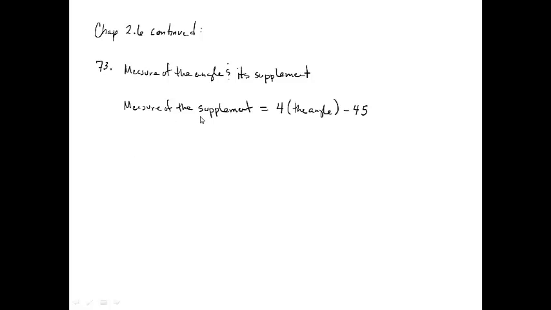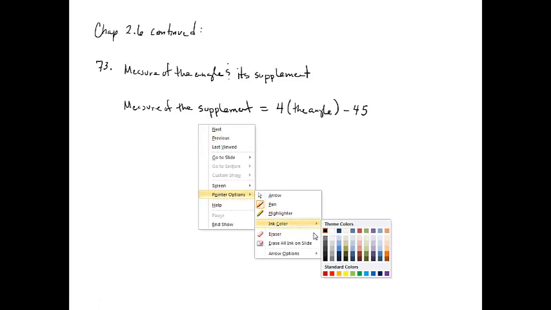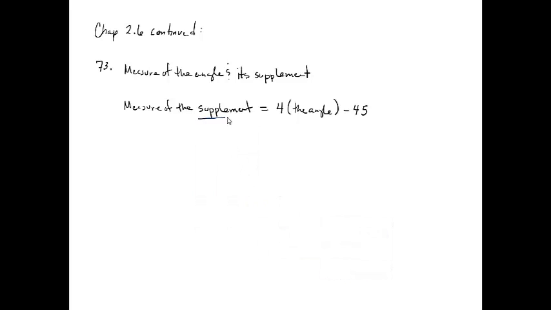Well, first of all, what does it mean to be the supplement of an angle? So let me get a different color. Supplementary means if I take two angles and add them together, their sum equals 180, right?